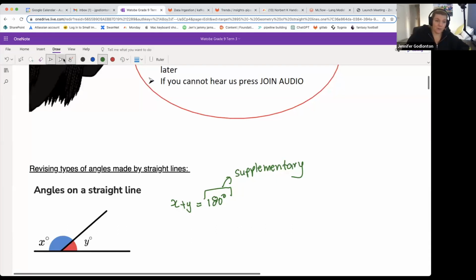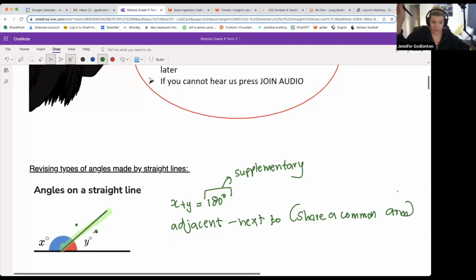Another word I'm seeing you use, which is amazing, is adjacent. They are definitely adjacent to each other. Adjacent is just a fancy word for saying next to each other, or that they share a common arm. In this case, the common arm is that green line that we highlighted.